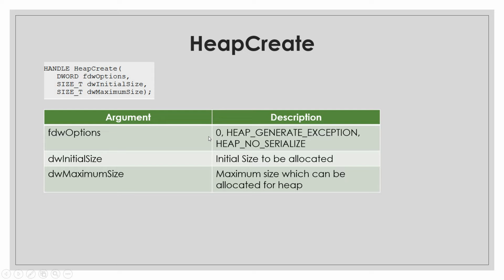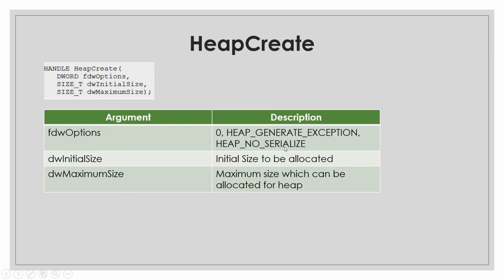Let's discuss in detail the HEAP_GENERATE_EXCEPTIONS and HEAP_NO_SERIALIZE options. In case you provide the HEAP_GENERATE_EXCEPTIONS option as the fdwOptions, then if the HeapCreate function is not able to create a heap, it will generate an exception. It will throw an exception. Let's see about HEAP_NO_SERIALIZE.